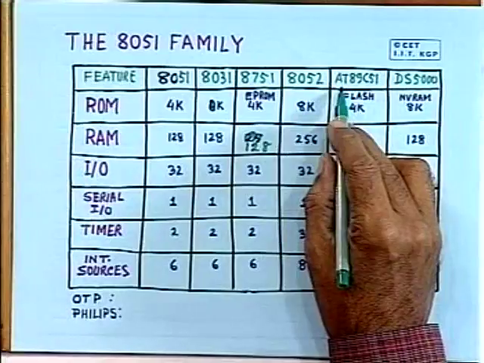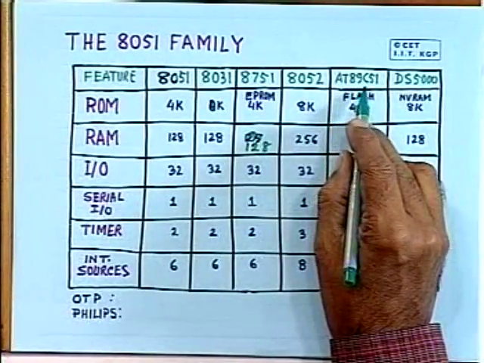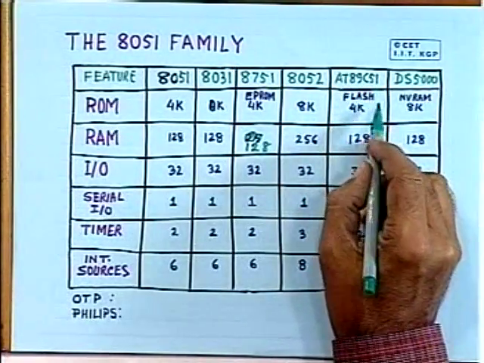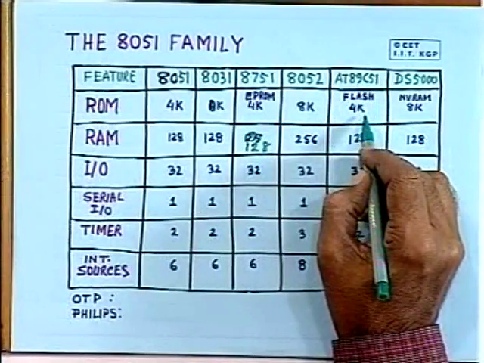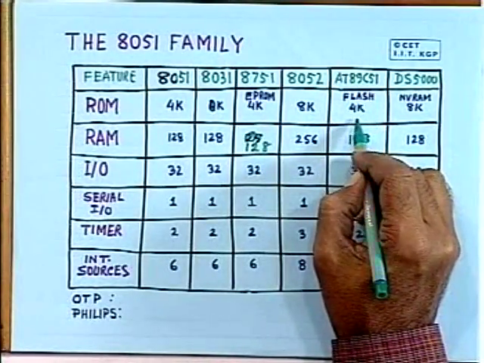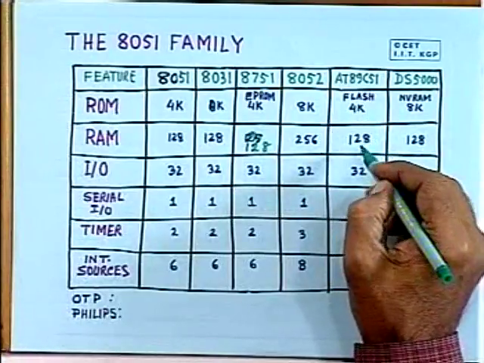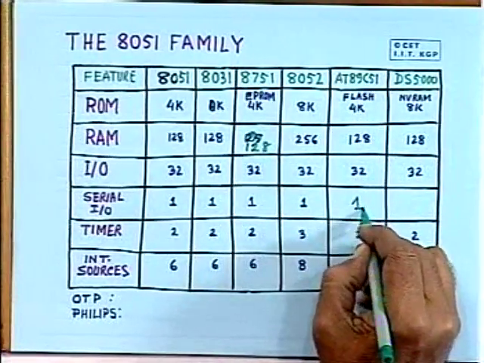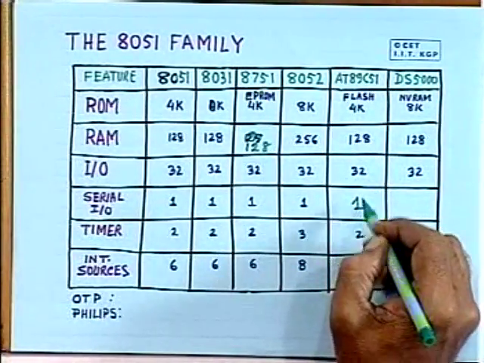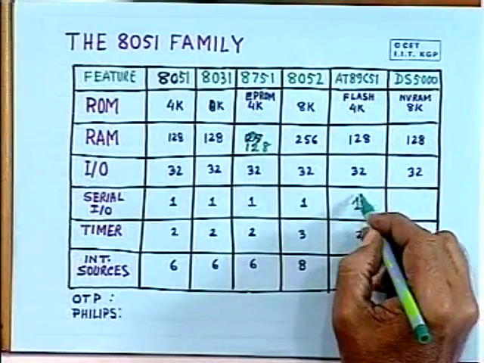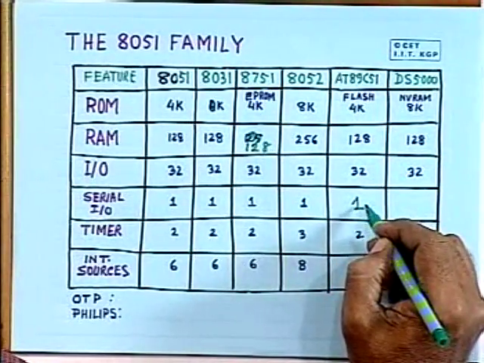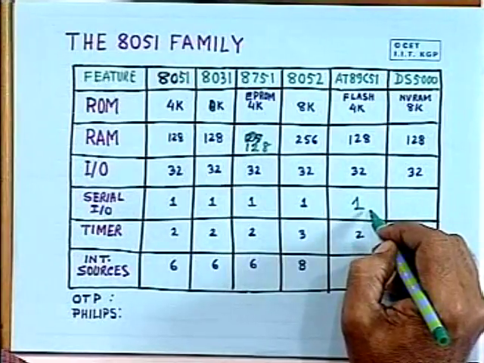Then this Atmel 89C51, based on CMOS, where the program memory is flash RAM. So flash RAM is available in 4K size. Others are similar, 1 serial port, and this flash RAM can be programmed through the serial port with the help of a PC.